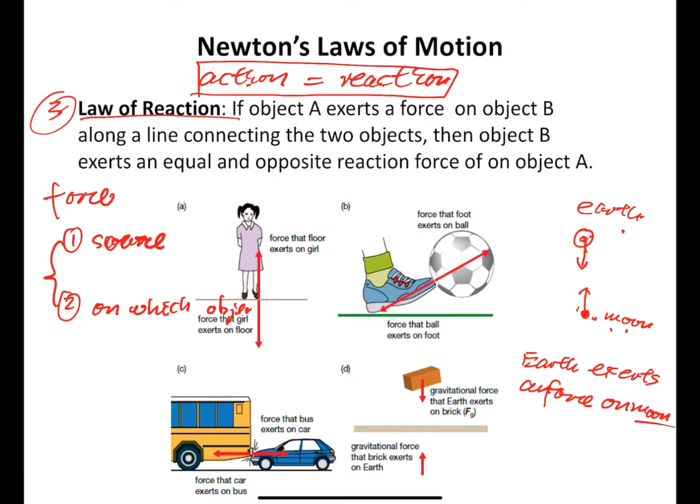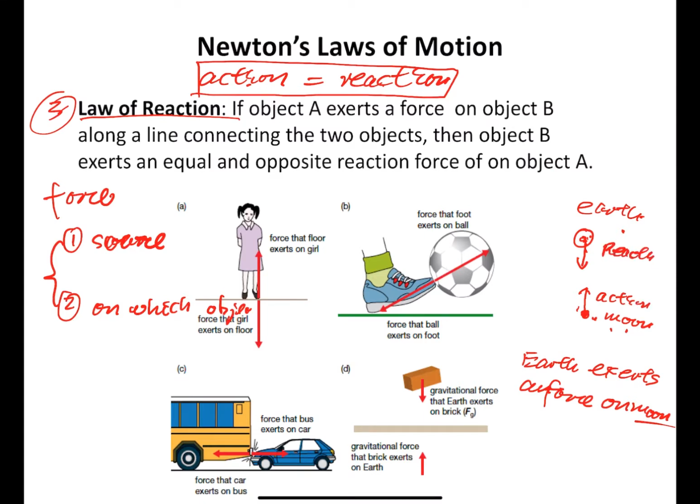Now, if the two forces are acting on different objects, can you cancel the forces? Can you cancel the two forces, action and reaction? No, you can't, because this is action. This is your reaction.